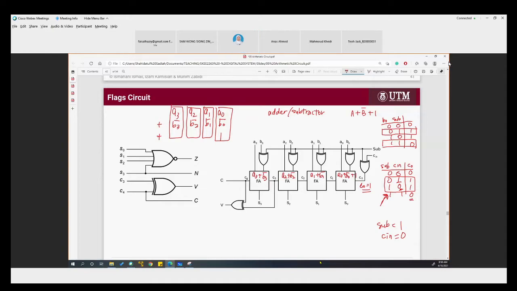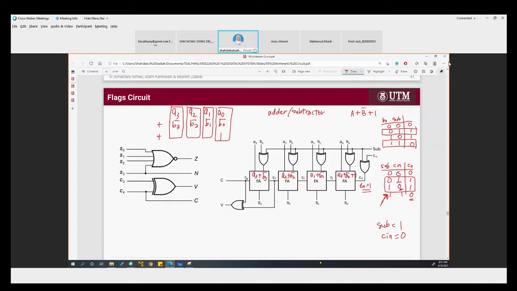And if the C in is 1 when sub is 0, although the C0 is 1, it will not perform the subtraction because in that case, B is not flipped.